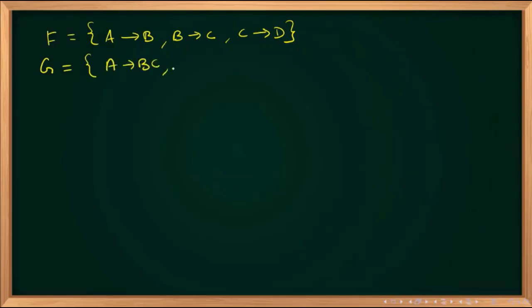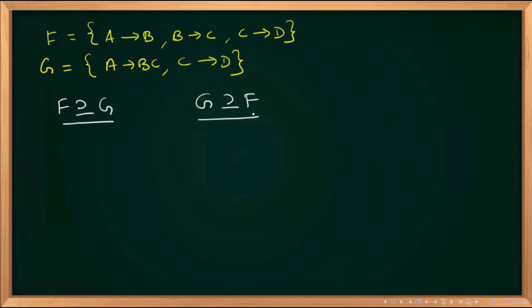F equal to the set A to B, B to C, C to D. G equal to A to B, C and C to D. Check whether F is equivalent or not. Check for F is a superset of G and G is a superset of F. F covers G and G covers F. Check it. Tell me the answer quickly.